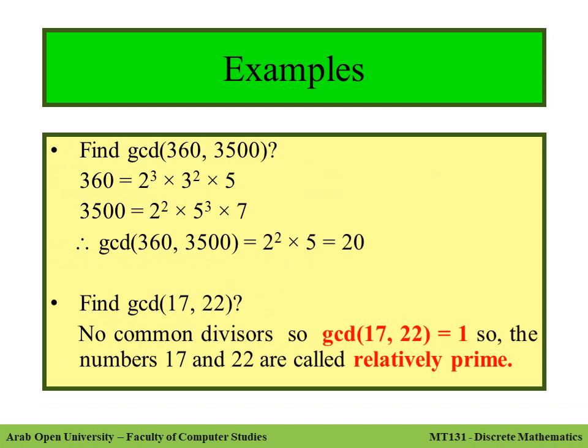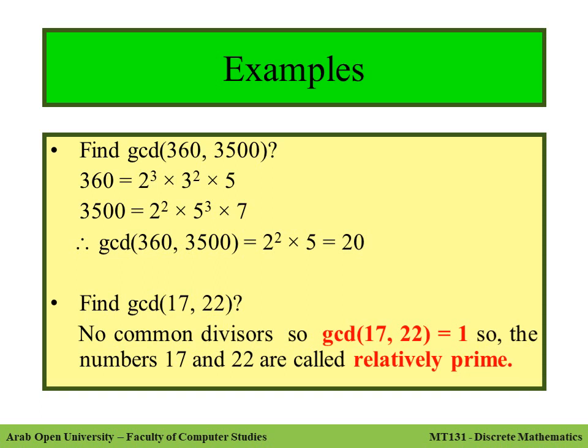Here is another example. We want to find the GCD of 360 and 3500. The first step is to factor. 360 can be written as 2 to the power 3 times 3 squared times 5. 3500 can be written as 2 squared times 5 to the power 3 times 7.